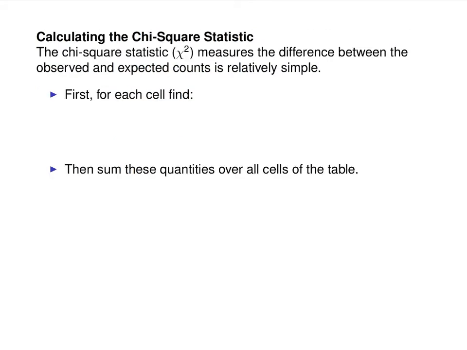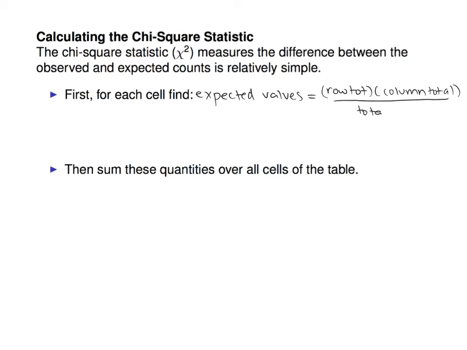Okay, and then you use these expected values to find the value of the chi-square statistic. So the first thing you do is for each cell you find the expected values, which, remember, you find using the row total times the column total divided by the total. And then, once you find those, you compare them to the values that you observed.